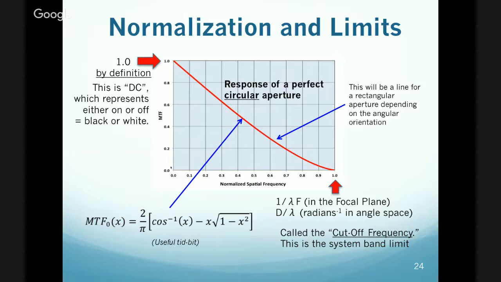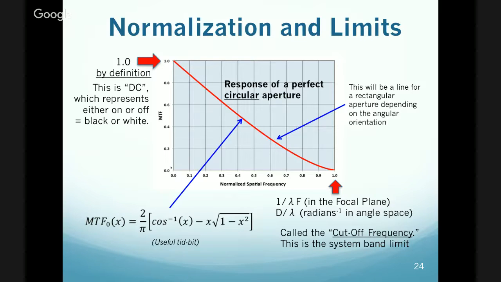The important thing is how to decode the normalized spatial frequency. Down at the bottom right, I've shown what the normalized spatial frequency is. It's 1 over lambda f, where f is the focal ratio, and that's in the focal plane, or it's D over lambda, where D is the diameter of the telescope over the wavelength, and that's in inverse radians in angle space.